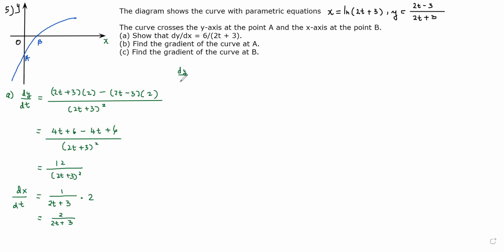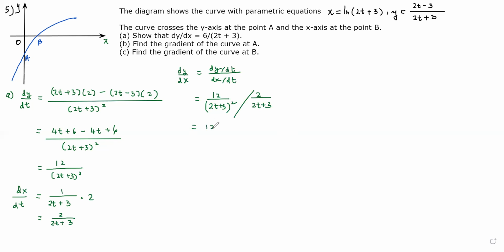dy/dx is given by dy/dt over dx/dt. So dy/dt is 12 over (2t plus 3) squared, and we divide all this by 2 over 2t plus 3.